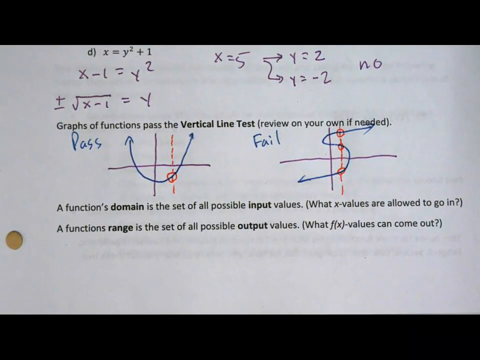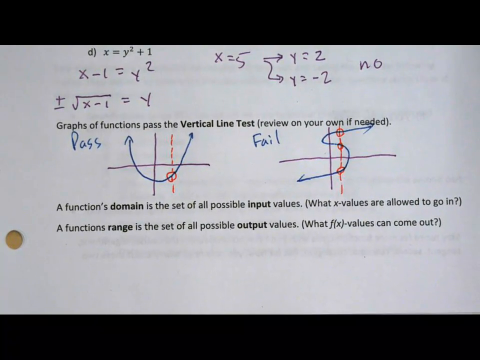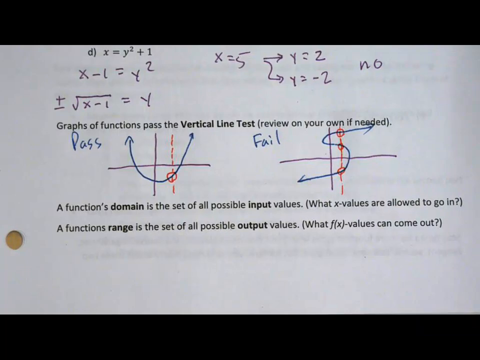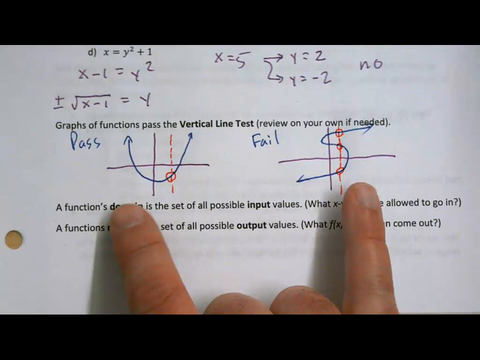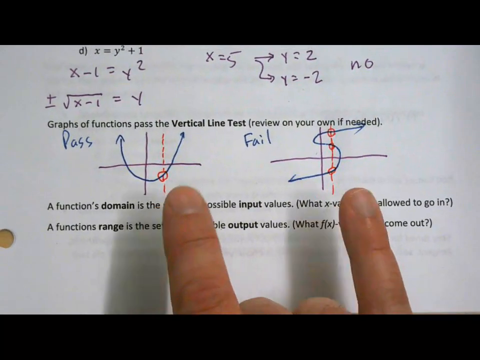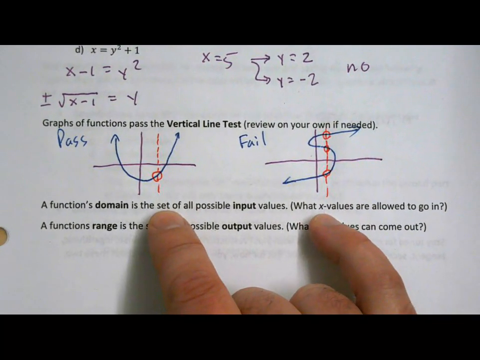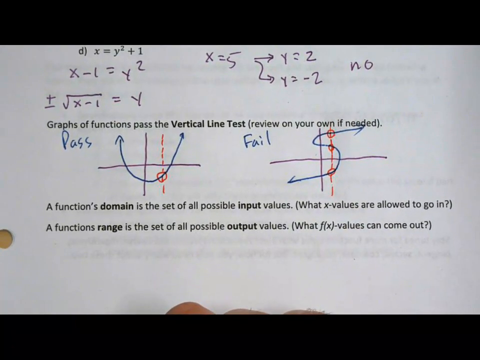And I want you guys to do some thinking about the vertical line test and how it relates to that rule that we were just applying a moment ago. Algebraically, we said that something is not a function if a single x value results in more than one y value. How does that relate to what you see visually going on here? I told you guys on Wednesday that this class is a lot more about making connections than it is about just being able to do steps.